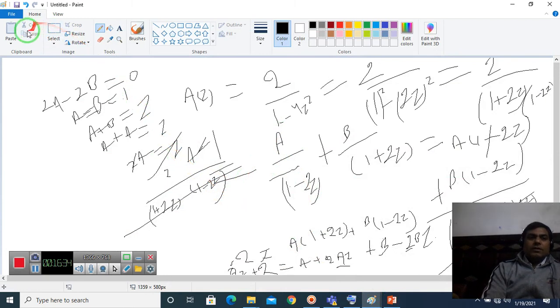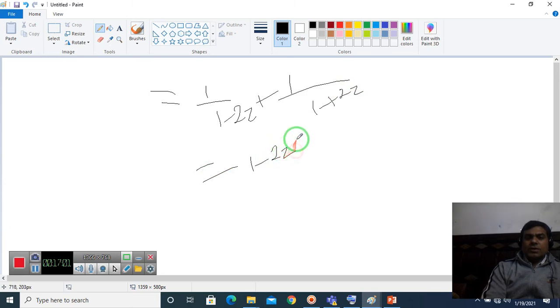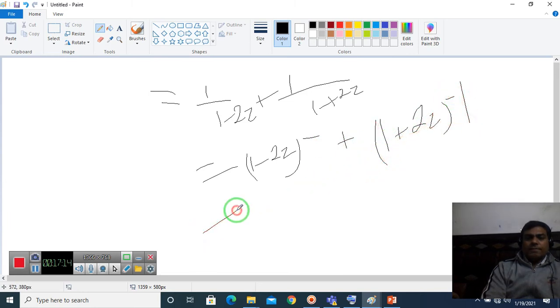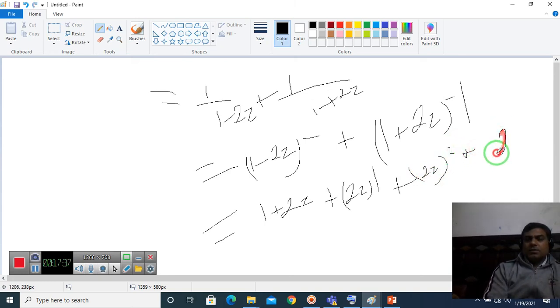If we solve further, 1 minus 2z to the power minus 1 plus 1 plus 2z to the power minus 1 becomes 1 plus 2z plus 2z to the power 2 plus 2z to the power r.